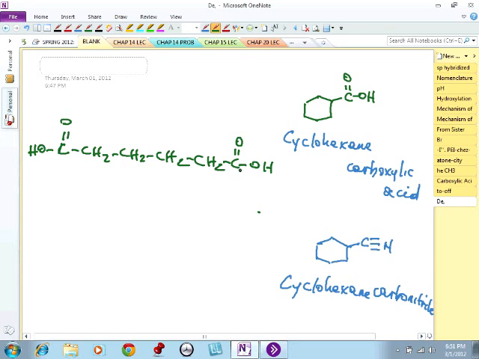In this case, the longest carbon chain is this, right?